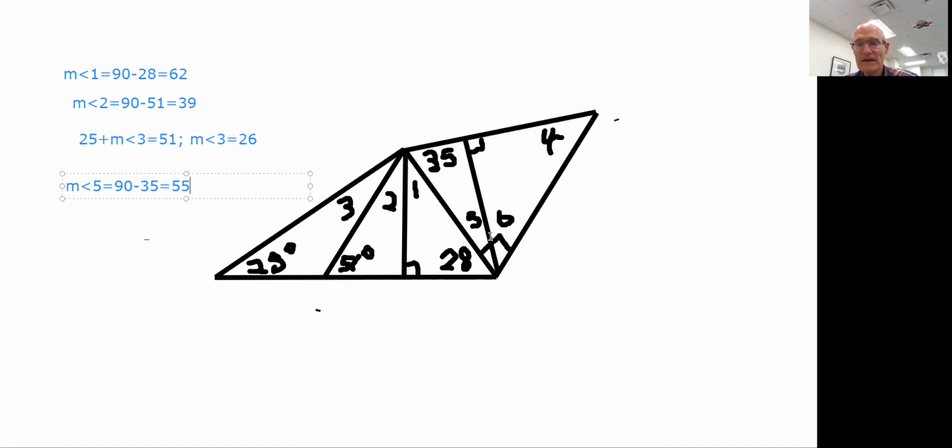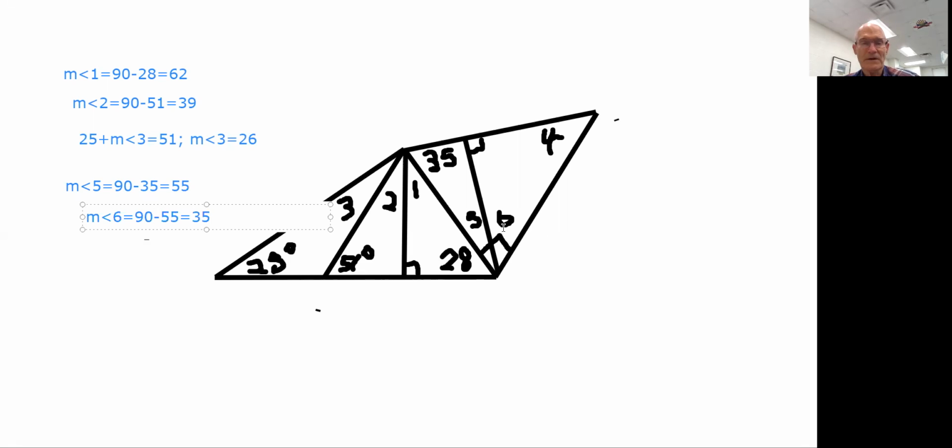Now, the same thing here, if I come down here to angle 6, the measure of angle 6 equals 90 minus the measure of angle 5, which is 55. So the measure of angle 6 is 35.